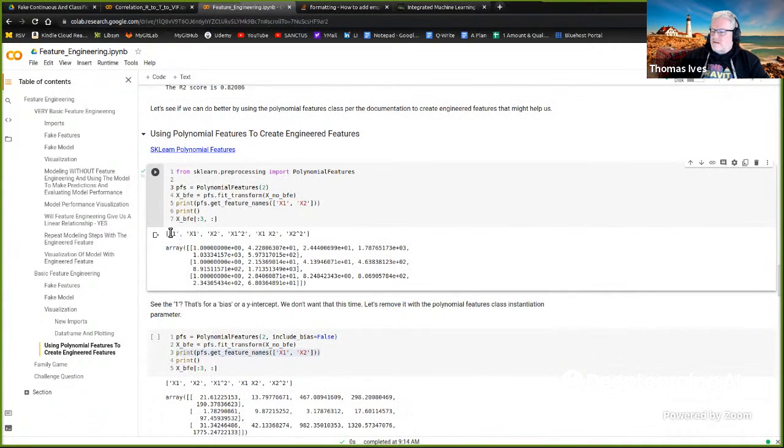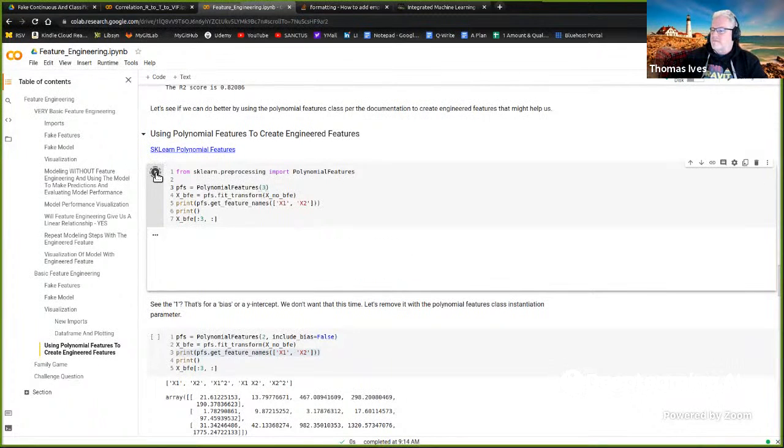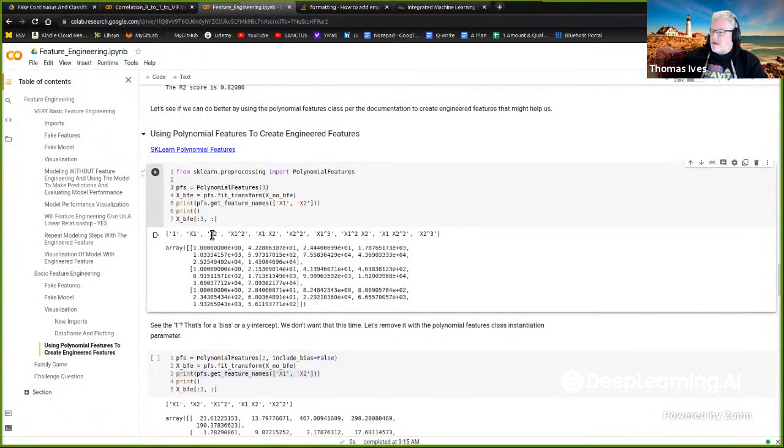Well, it gives us the constant value of 1, meaning all of these to the 0. But it gives us x1, x2, our original features. But because I said second order, it starts at x1 squared, then says x1 times x2, and finishes with x2 squared. If I had had it to the 3, let's just look at that real quick for fun. I've got 1, x1, x2, x1 squared, x1 x2, x2 squared.